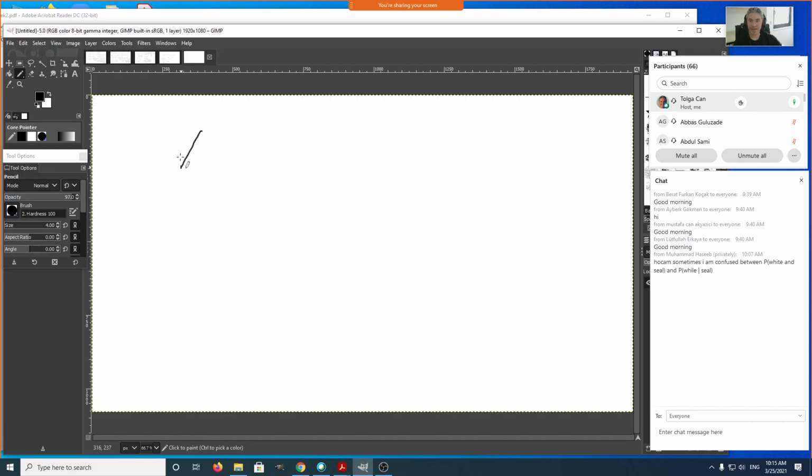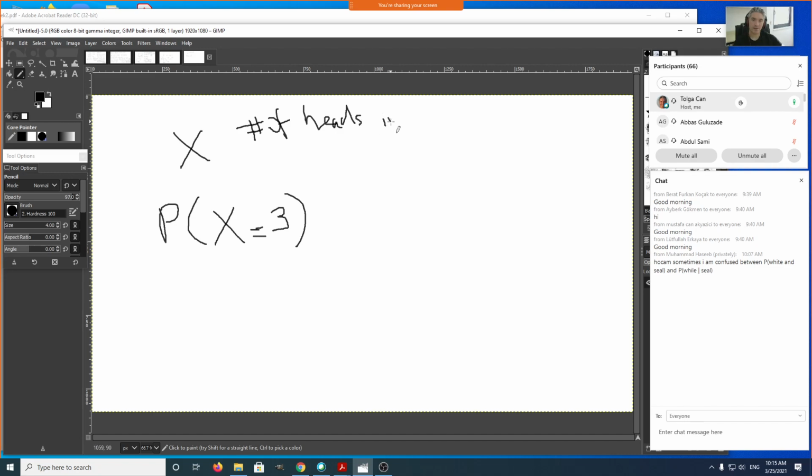For example, when X is a random variable, the probability that X is equal to 3, if X is the random variable number of heads in 3 coin tosses. Okay, so this is the random variable we define, and this will be the event where the number of heads is equal to 3. So we are going to denote events like this.